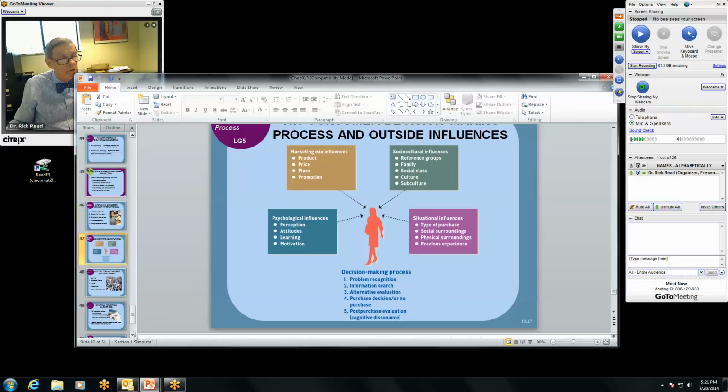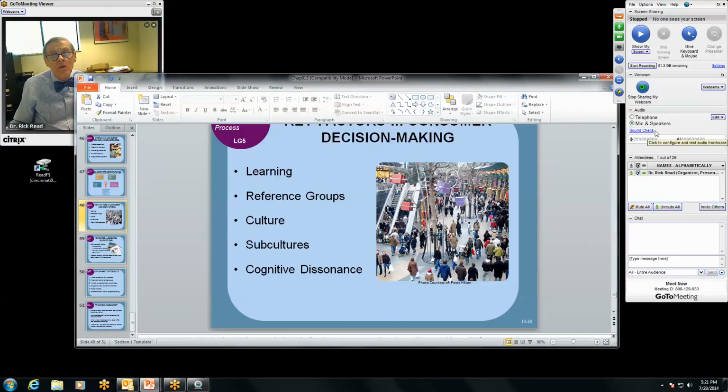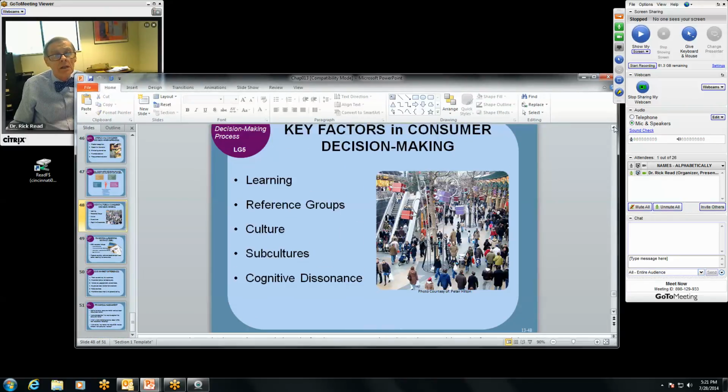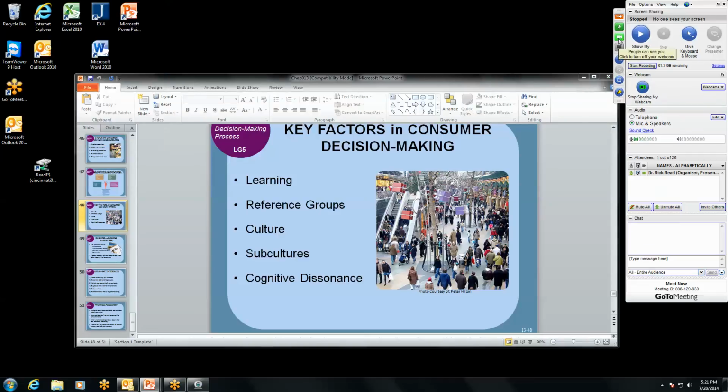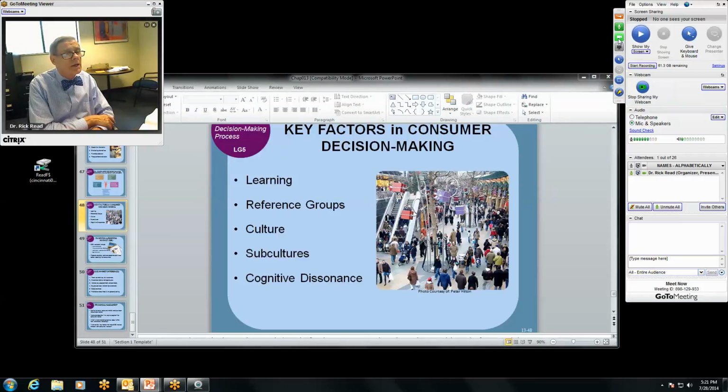Again, the factors in consumer decision making: learning, reference groups, cultural, subculture, cognitive dissonance.